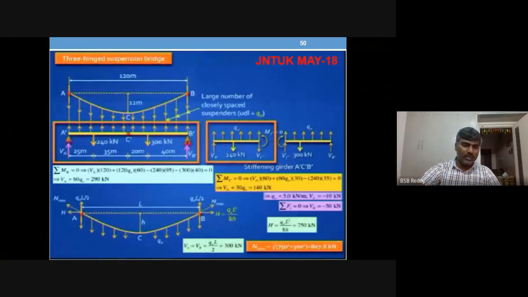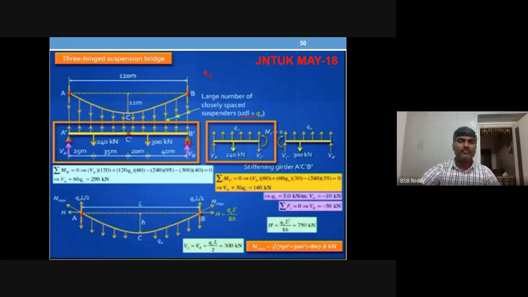Because you are breaking them, you have a section at this location, so you can see the force in the suspenders. There is a large number of closely spaced suspenders, hence we consider that as a UDL of Q naught.